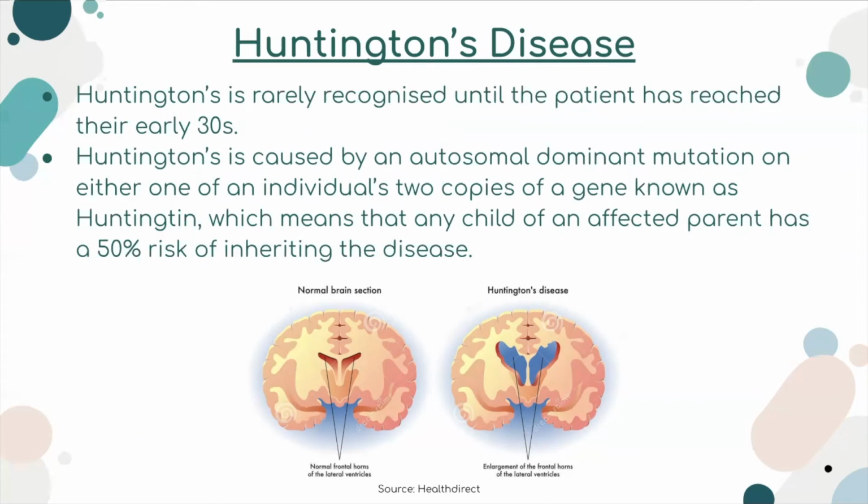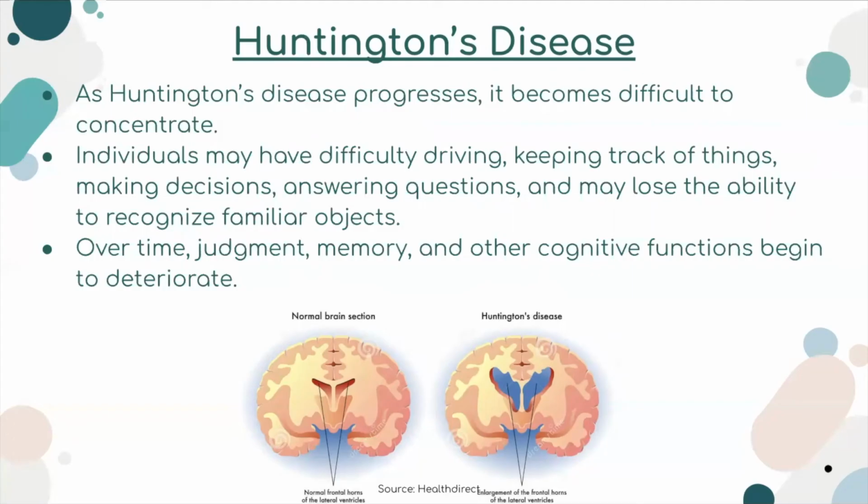Huntington's disease is not usually detected until a patient reaches adulthood. The disease, which is genetic, is caused by an autosomal mutation, which means that the child of an affected parent has at least a 50% chance of inheriting the disease. As the disease progresses, individuals may have a hard time concentrating, making decisions, or recognizing previously familiar objects. And over time, judgment, memory, and cognitive functions will deteriorate.